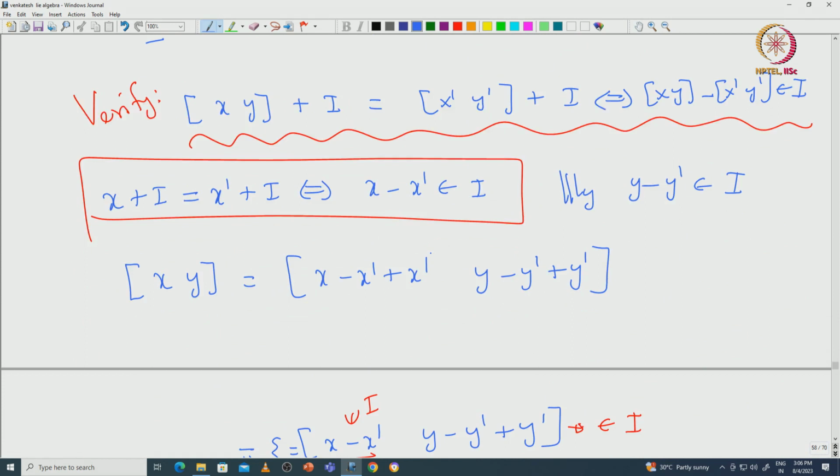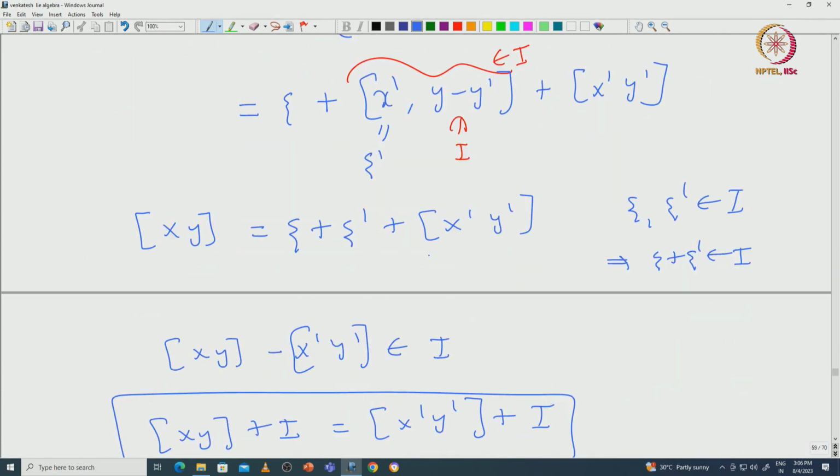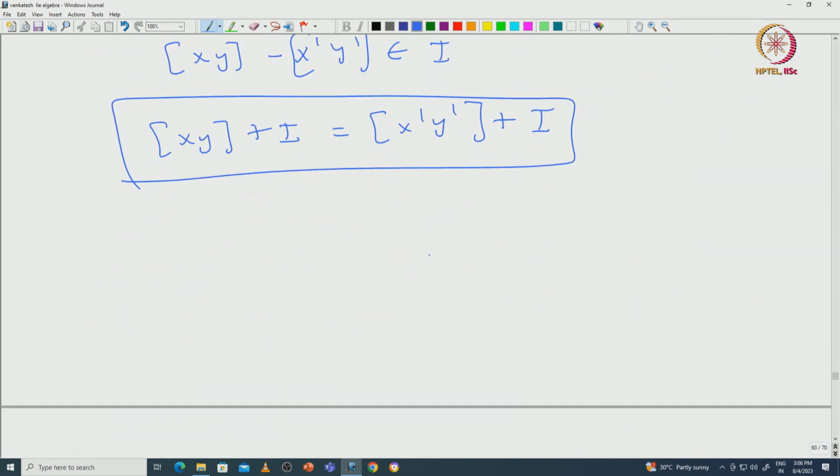For example, to check skew symmetry, you take x + I and x + I. Then the bracket will be [x, x] + I, which is 0 + I, which is 0 inside G modulo I.